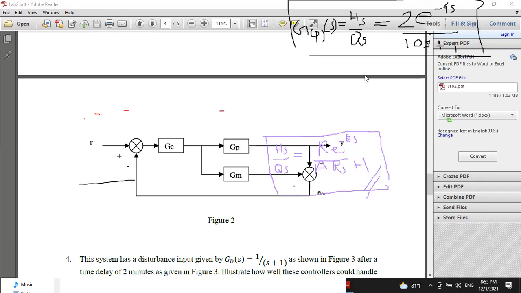Now we have got the equation for this model, right? So this is in the form of this. So do the workings. I will get a whiteboard. It's so much easier, and easier for you all to see also. Right. So now what we got earlier was Hs over Qs was equal to, we derived the differential equation for this.